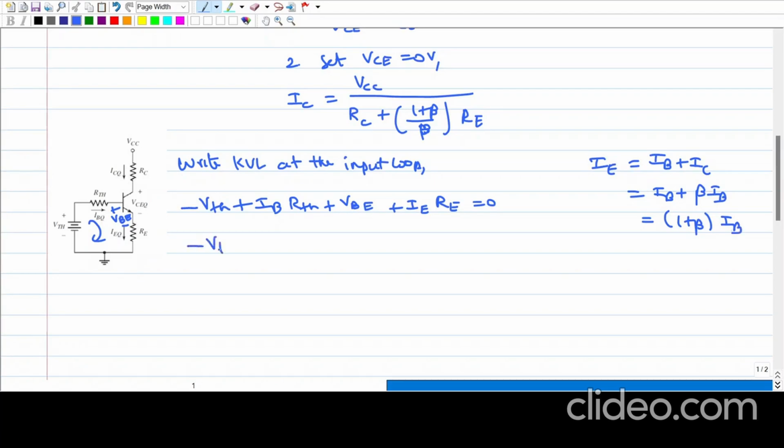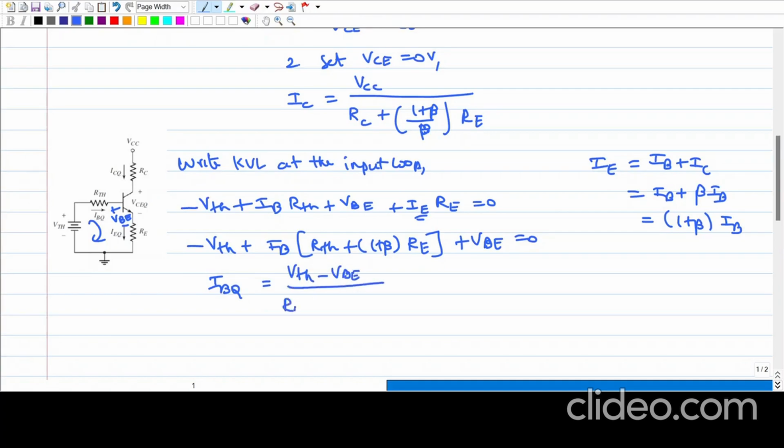So now it is minus VTH plus IB RTH, and instead of IE I can write plus (1 plus beta) RE, plus VBE equals 0. So at the quiescent point, the operating point, IBQ equals VTH minus VBE divided by RTH plus (1 plus beta) RE.